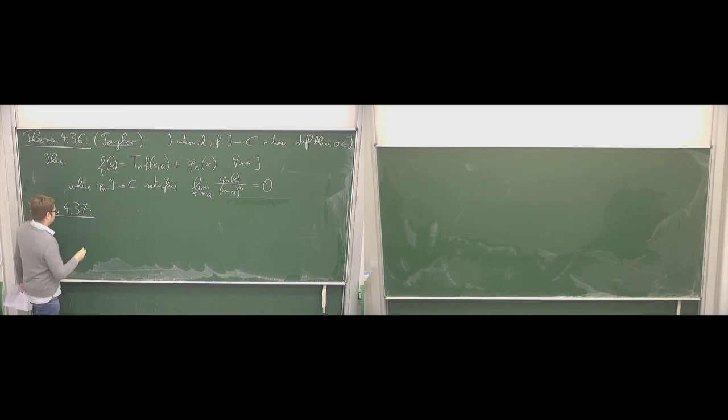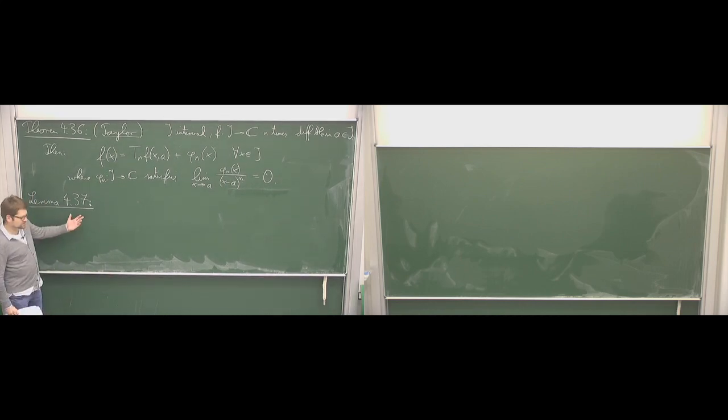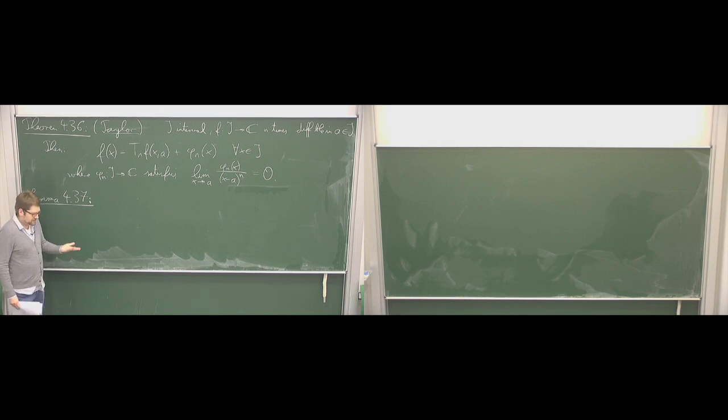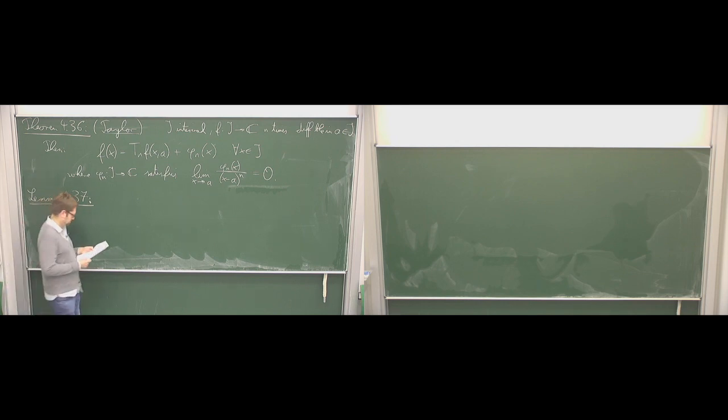A lemma is basically, from its form, the same as a theorem, it's a mathematical statement, but a lemma is usually some statement that is not that interesting by itself, but that is used to prove something else, or used for a higher purpose. So something which is not really interesting in itself, but is helpful for something else. And so we will now introduce a lemma, some abstract statement which is not that exciting, but which is then important to prove Taylor's theorem.